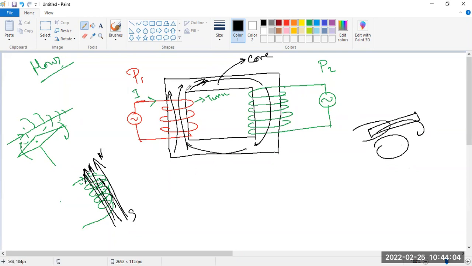This core and this coil have insulation between them, so there is no electrical connection. The magnet does not require any electrical connection or touch. You may put any insulating material, maybe wood or cotton, in between.